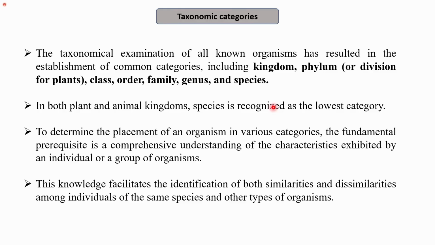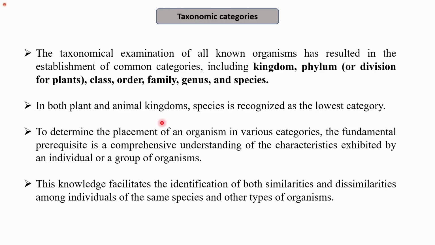To determine the placement of an organism in various categories, the fundamental prerequisite is a comprehensive understanding of its characteristics. Until we have the information on the characteristics of a particular organism, we will not be able to classify or place that organism into any category. To place any organism into any category, we need information about the characteristics exhibited by the individuals or a group of organisms.